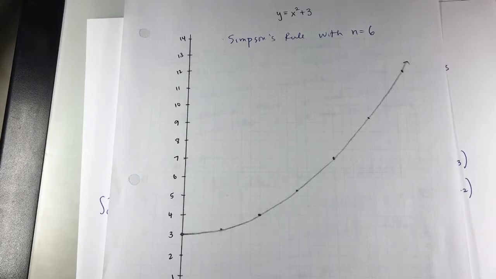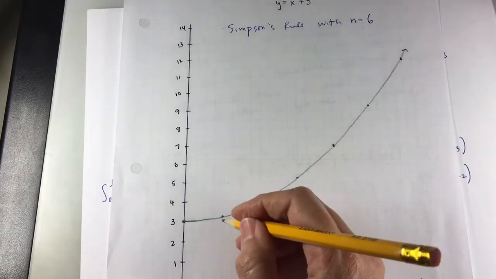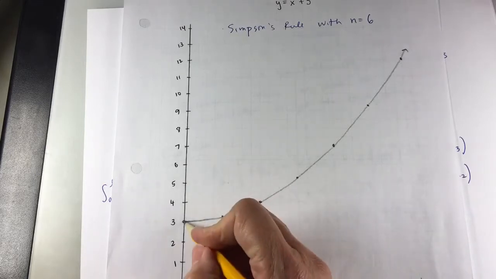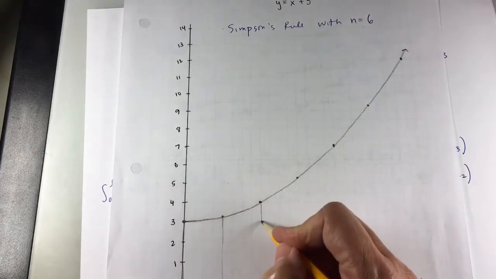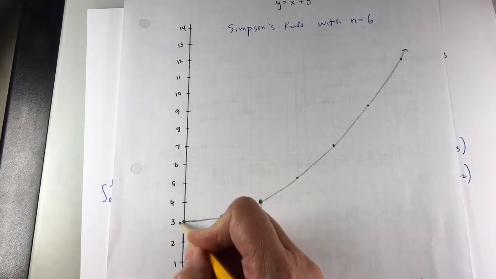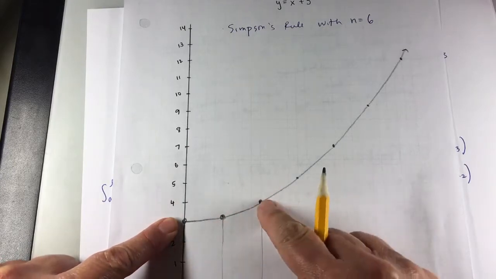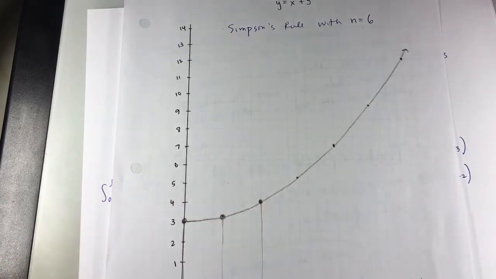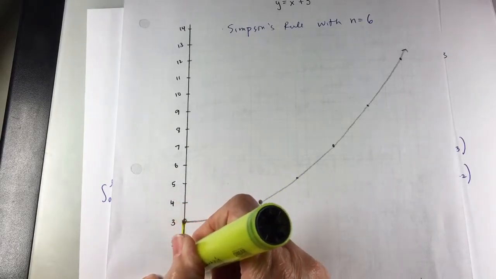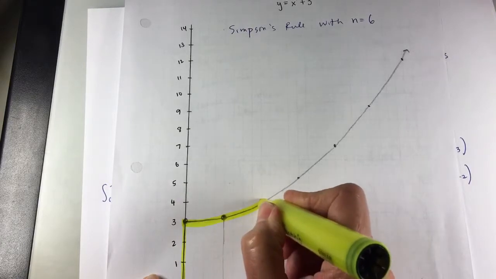Let me use a pencil for this. Here's the 6, but my 3 points, the left, the middle, and the right, for this is my first, the top is parabola shape.